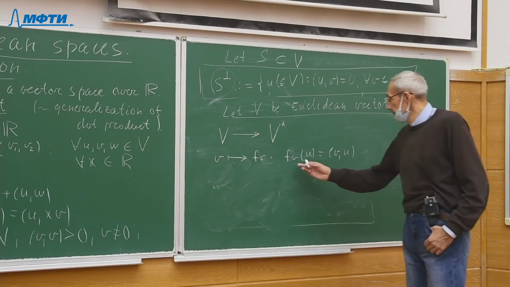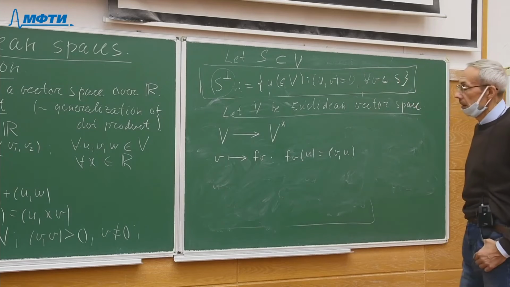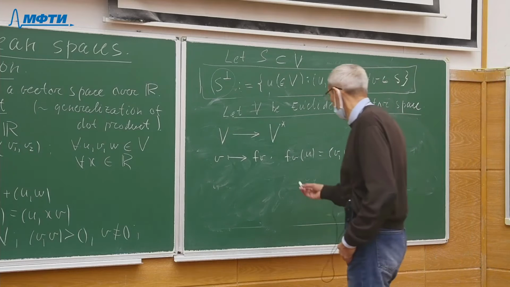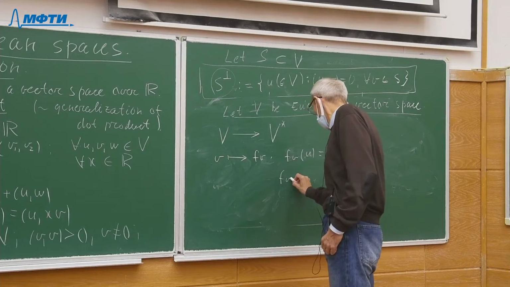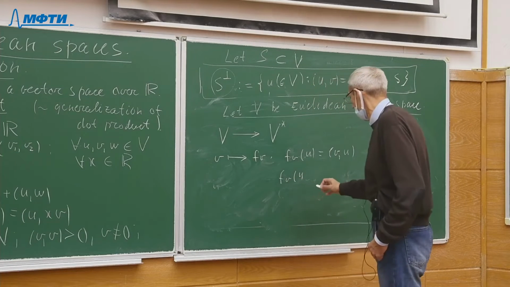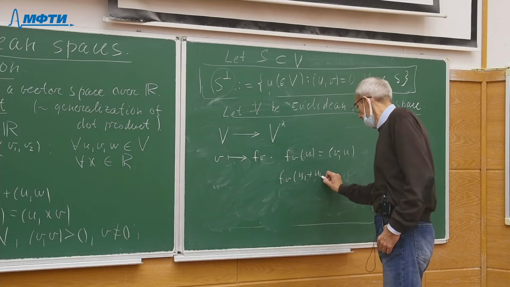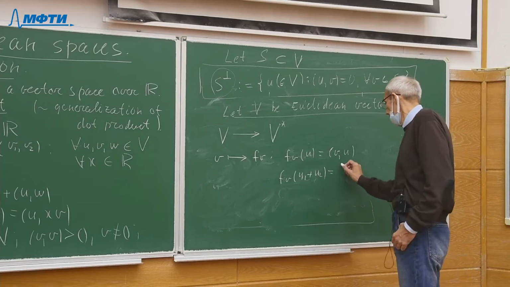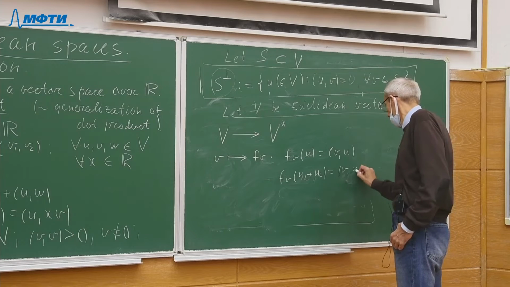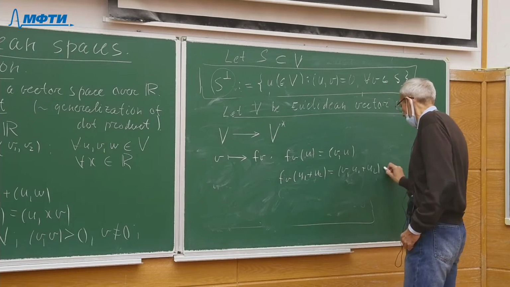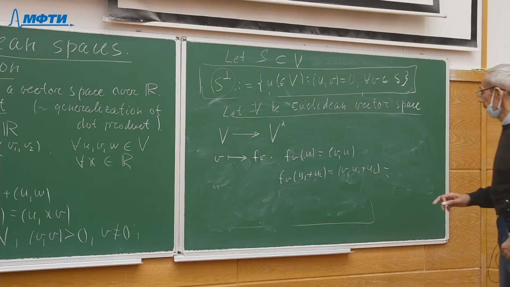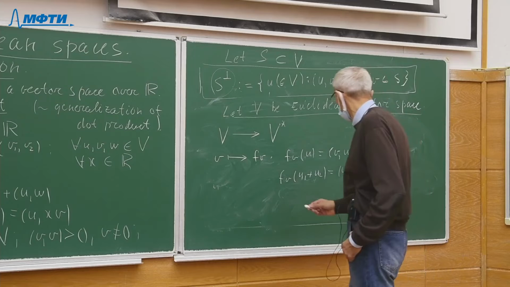Easy to see that this functional is a linear functional, because if you apply this functional to the sum of the vectors u1 plus u2, you obtain, by definition, the scalar product of v with u1 plus u2.